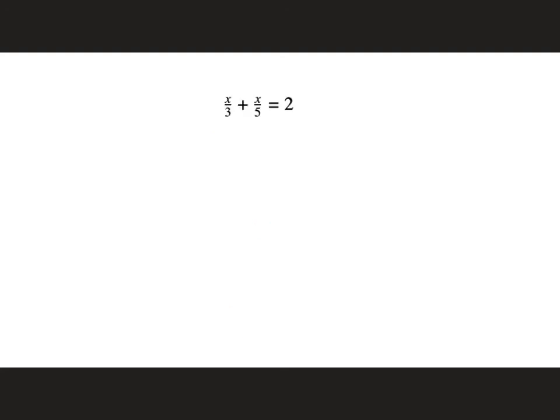All right, here's my last problem, and hopefully this is getting a little bit easier for you. All right, so now 3 and 5, 15 is my common denominator. All right, so I'm going to get that 3 to a 1.